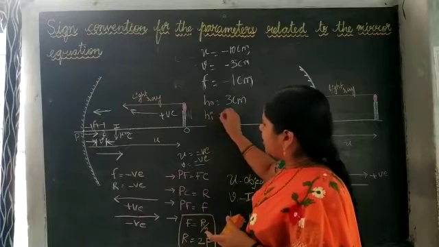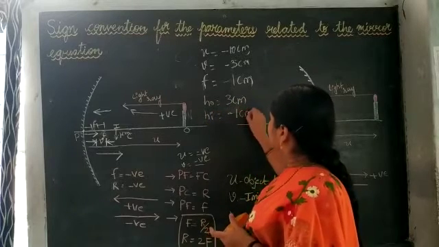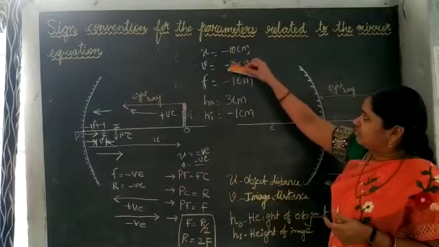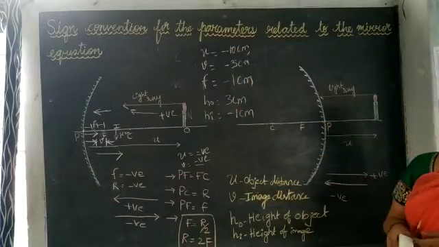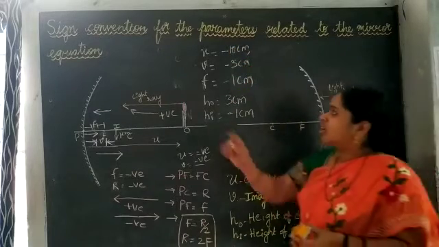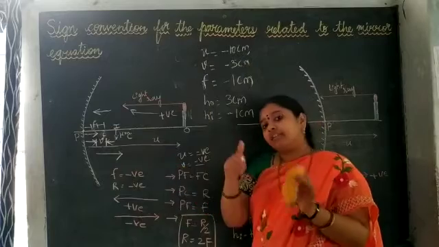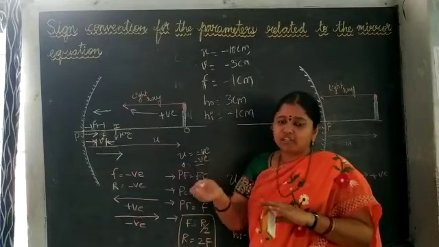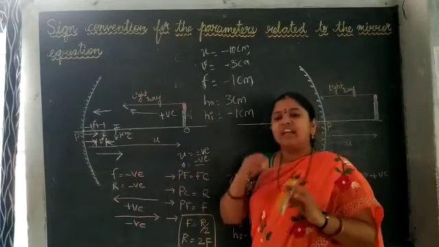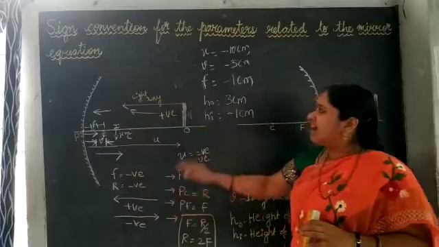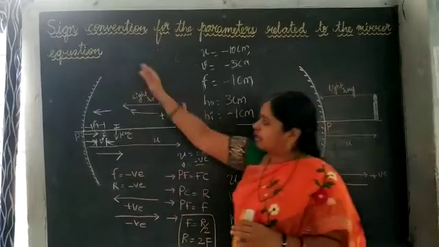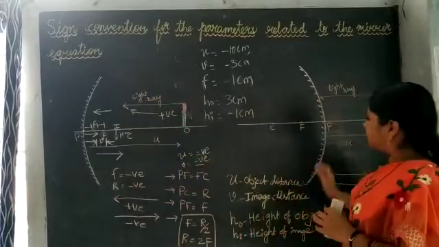Height of image is minus 1 centimeter. Like this, we will apply the sign convention rules. This is for a concave mirror. Like the rules for ray diagrams vary from concave to convex, even here these values will vary from concave to convex.